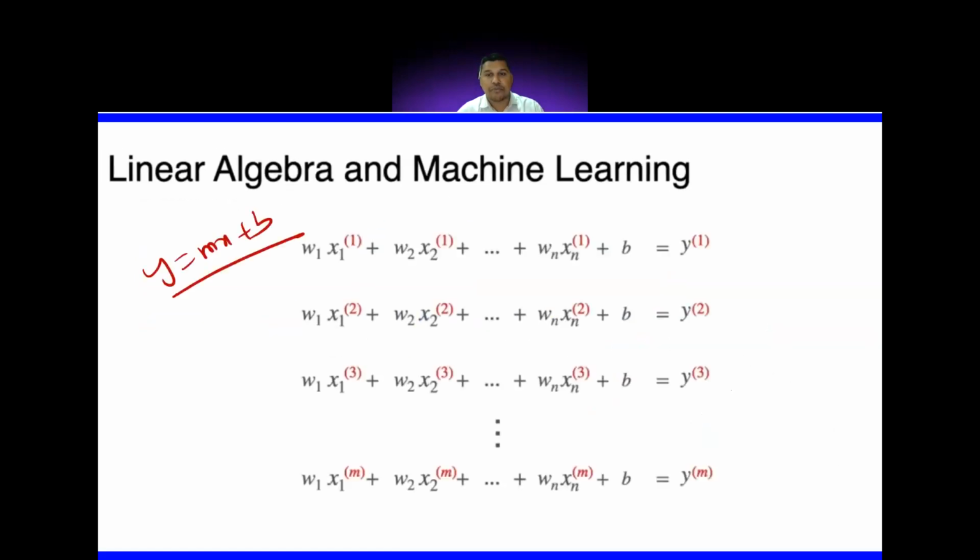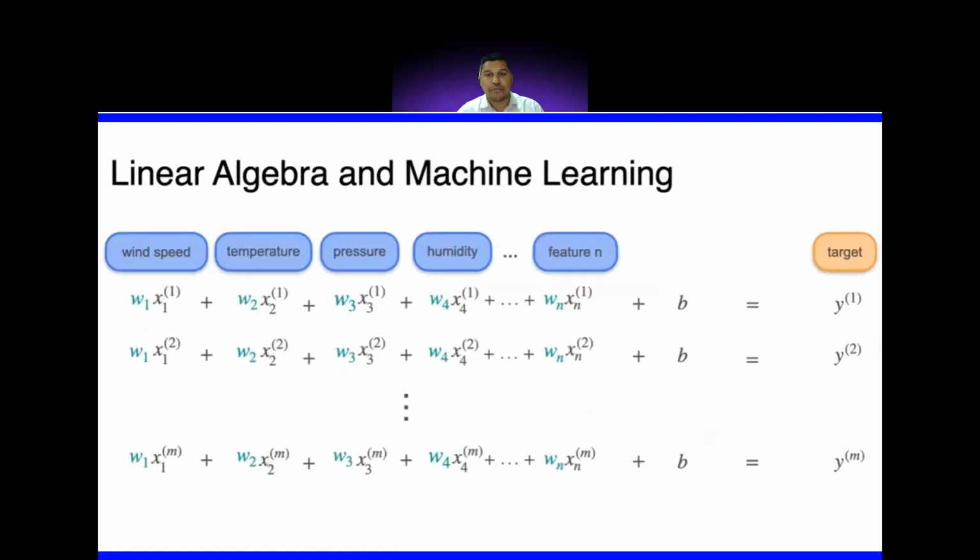So we understood that an ML problem of doing a prediction can be converted to a system of linear equations. How did I convert it? I converted it using the data set. So I converted that into a system of linear equations, and I have to solve this system of linear equations.